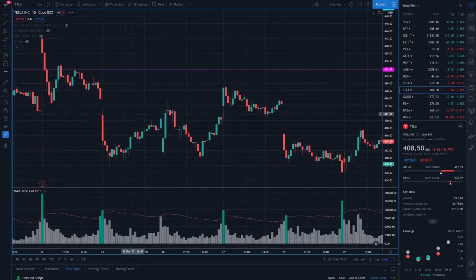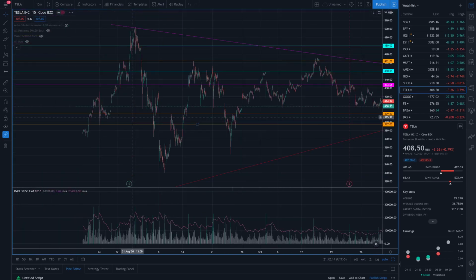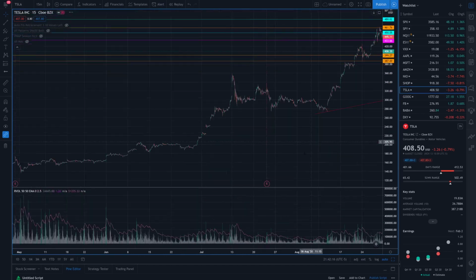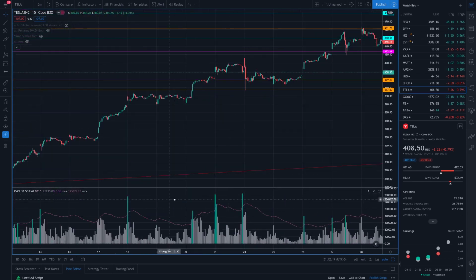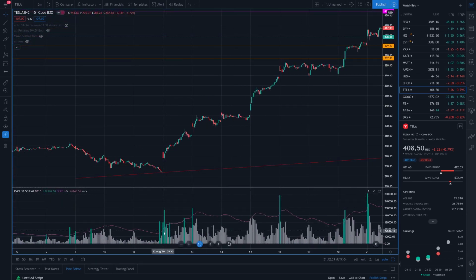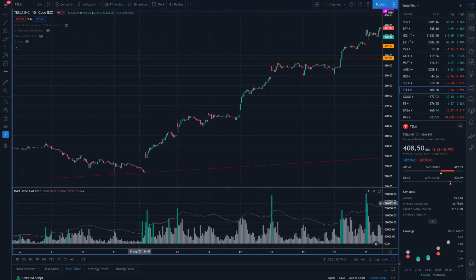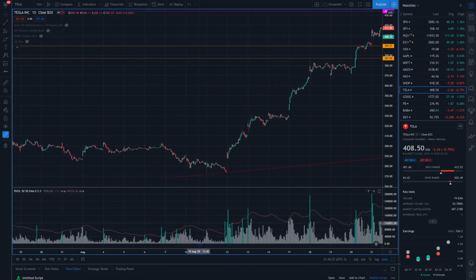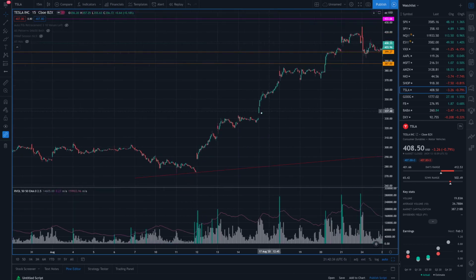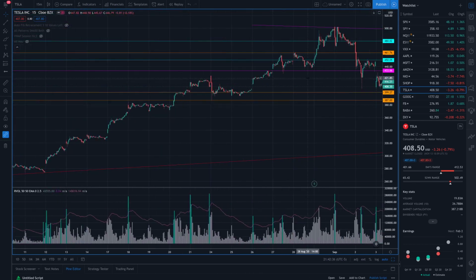And I want to make sure you can see this more clearly. On these days, you see these several green bars and a lot of volume. There was a lot of demand for Tesla after they announced the stock split on August 12th. And it just flew.